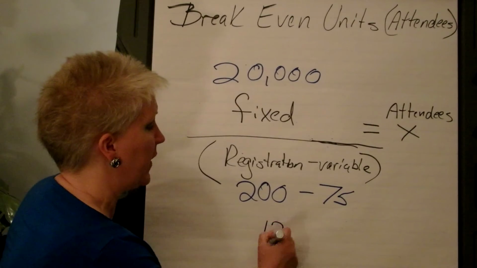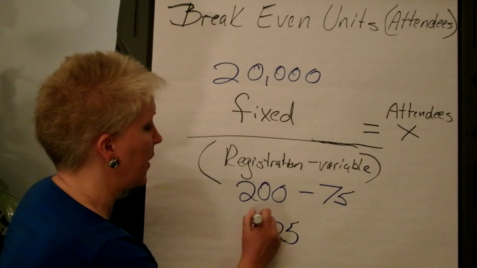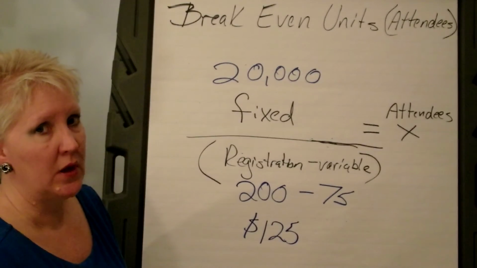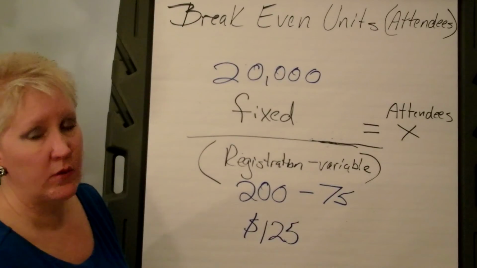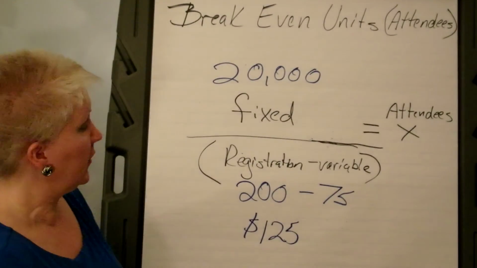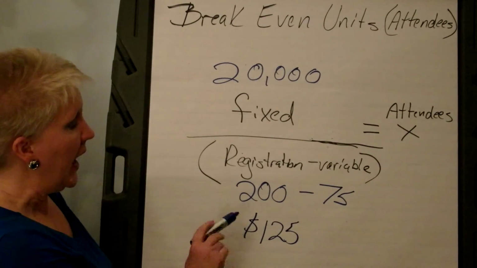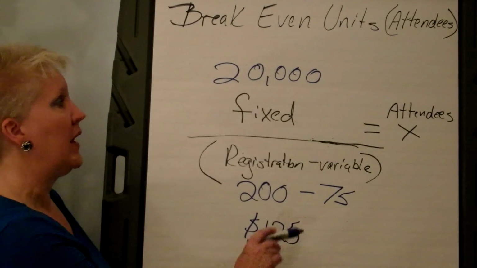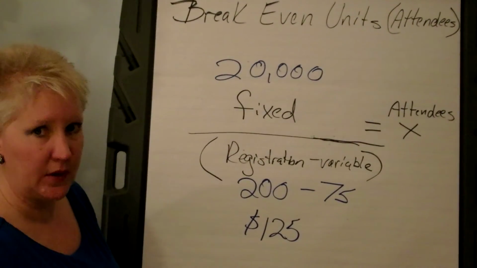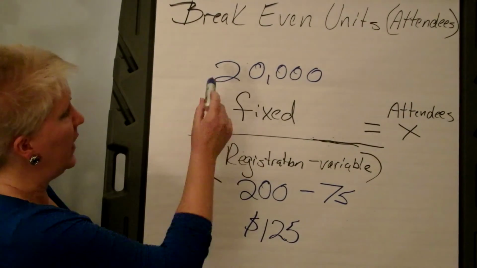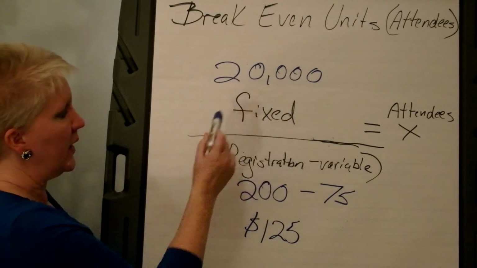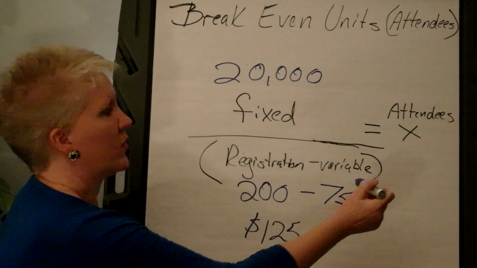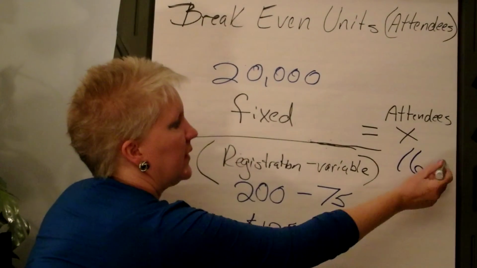So we now know that out of every $200 registration cost, we have $125 contributing toward covering the fixed cost. So now the question becomes, how many people need to pay that $125 to help cover the fixed cost? In that case, you're going to take the 20,000 and divide it by 125. And what you're going to come up with is 160.